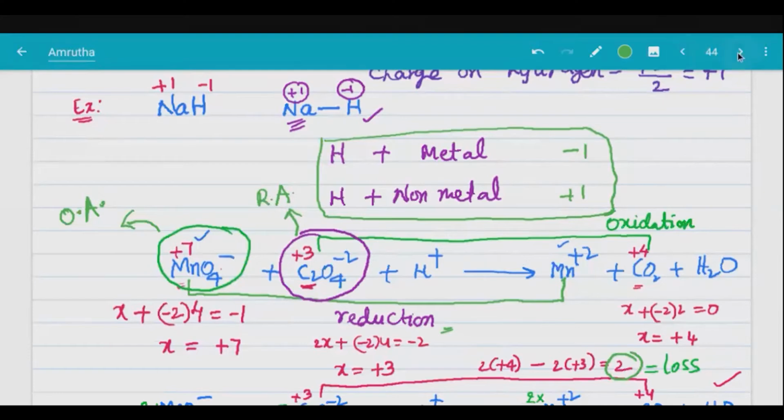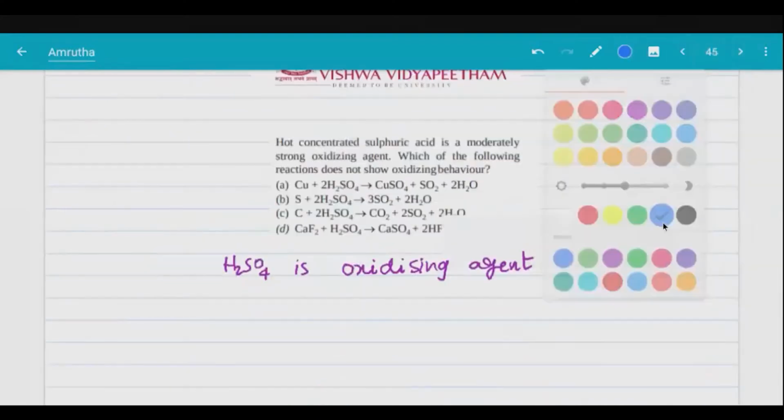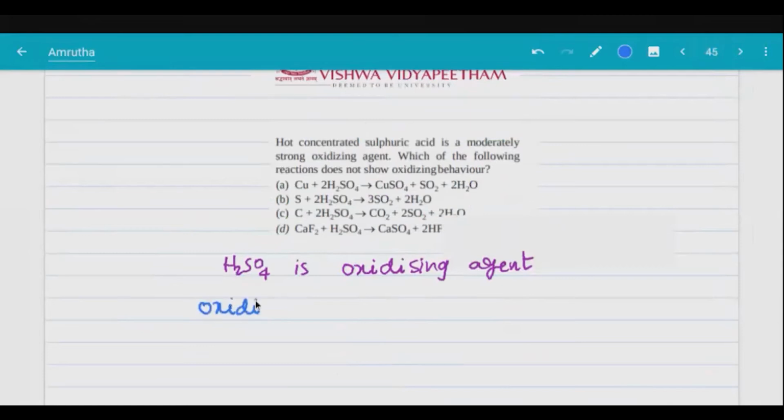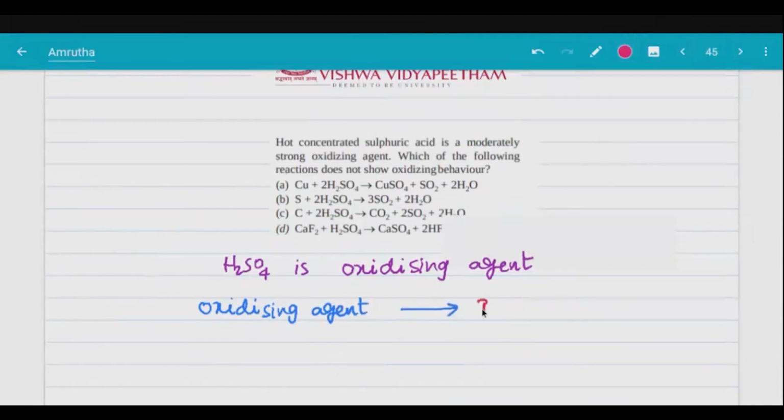So let me write clearly. If it is oxidizing agent, it involves in the opposite reaction. What is the opposite reaction? Reduction, right? So it involves in reduction reaction.